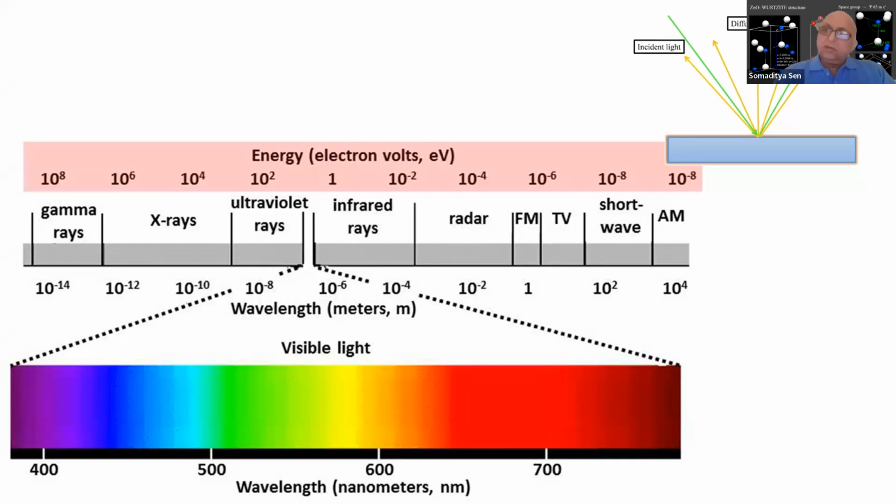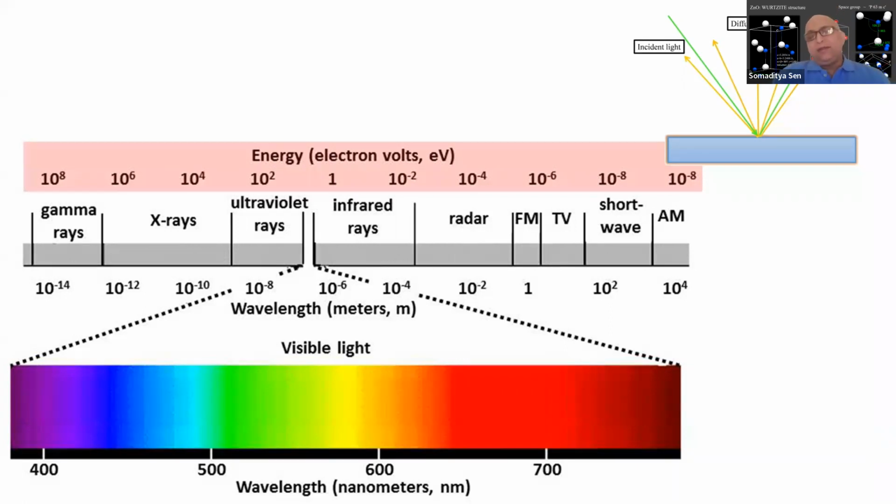Now, what we actually do to find out the electronic properties is to shine the samples with certain frequencies which have energy equivalent to the band gap of the materials. Those who are from an electronics background know it well.